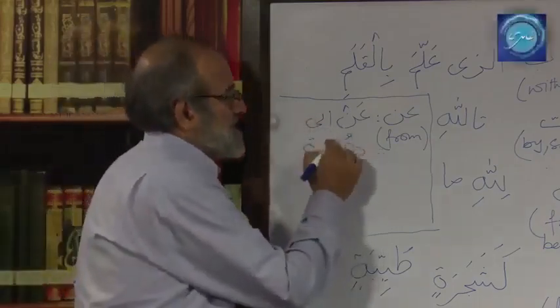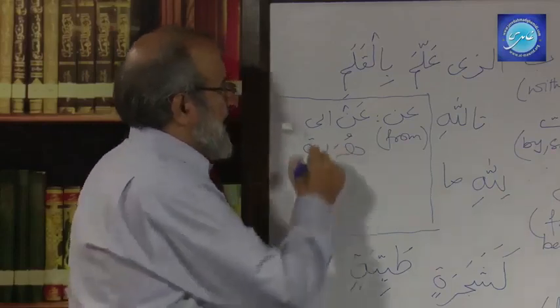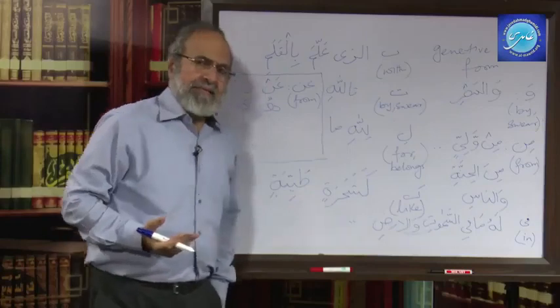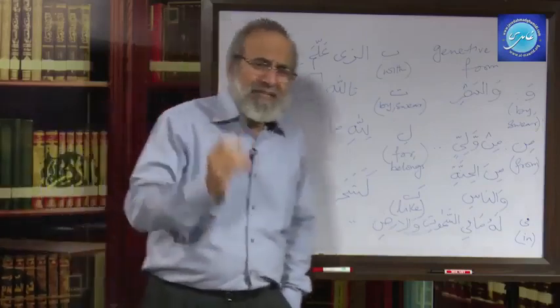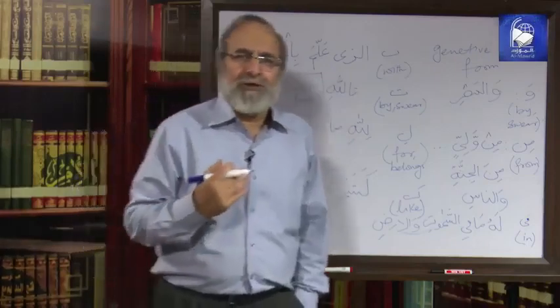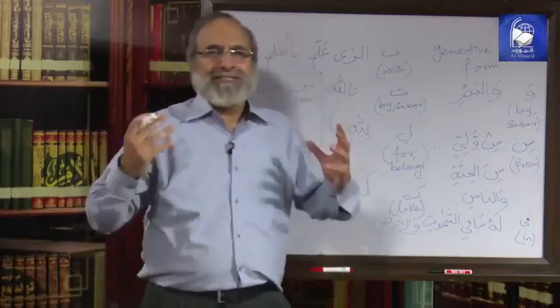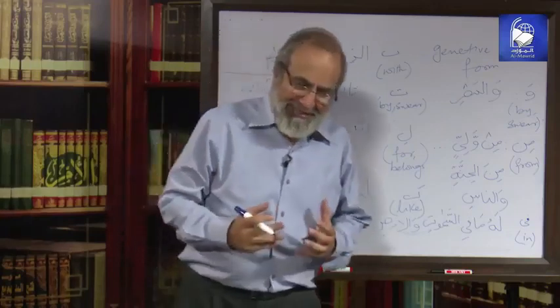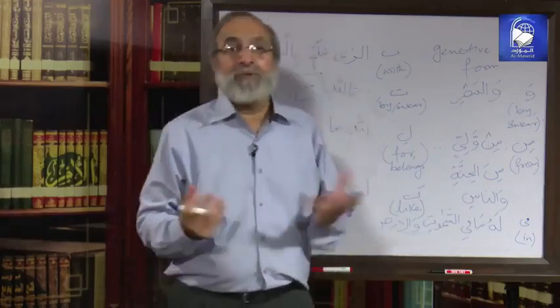This is the name of one of the companions, and Abi is actually the jar form of Abu. The same word when it is in the form of rafa, nominative case, is Abu.